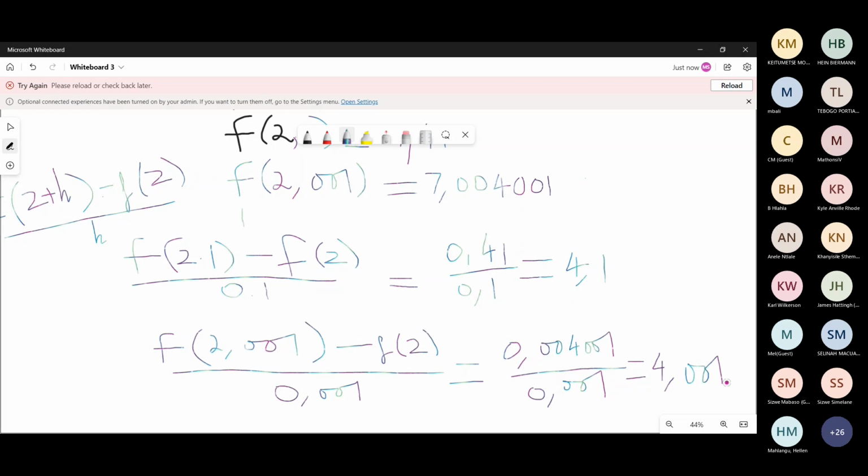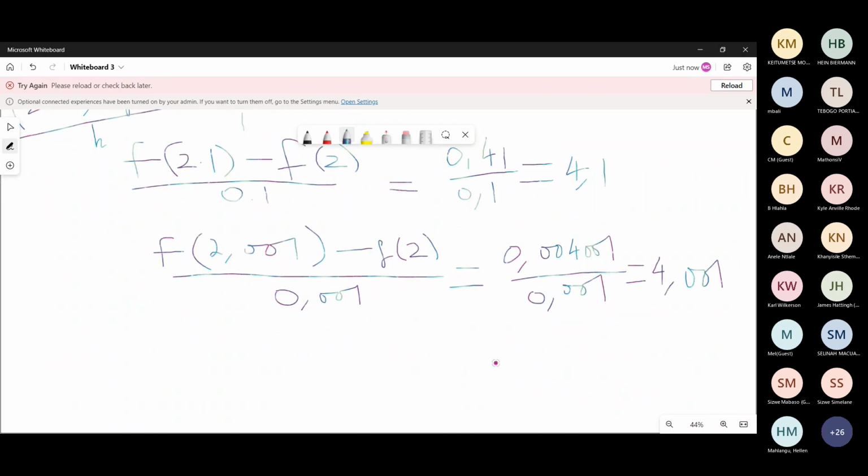If we continue, what will be the limit? If I take f of 2 plus another small number, 0.000 something, why only 1? It can be any small number, right?